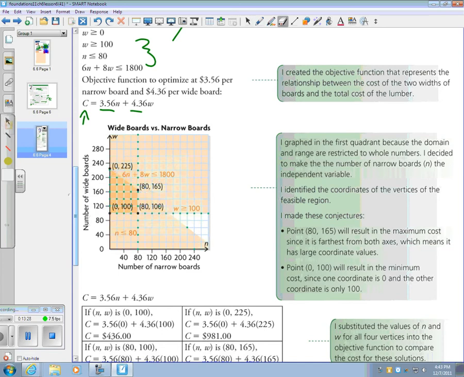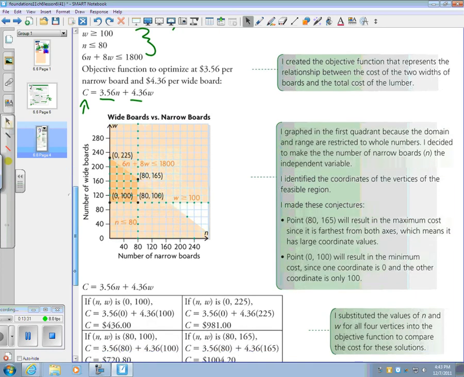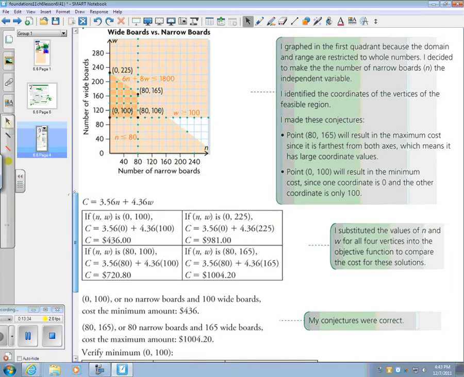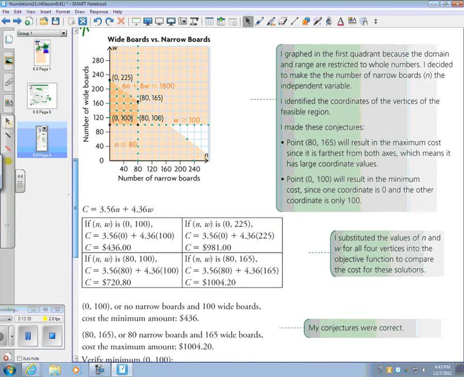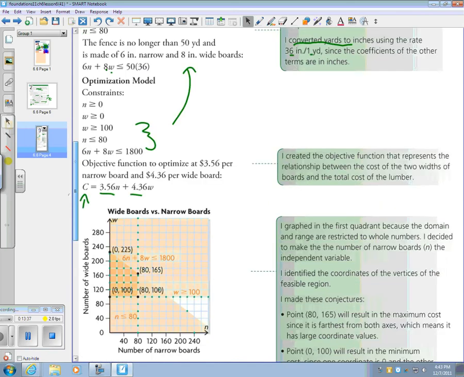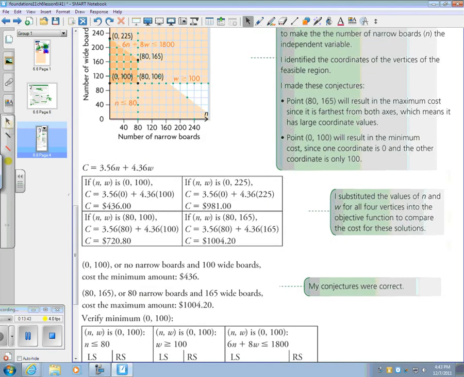Okay, so now what they're going to do is they're going to sub each of these into the optimal function. No, I keep calling this objective function. I always want to say optimal. They put it into the objective function. So first of all, they took this vertex right here, the 0 and 100, plugged it in, and they found out it cost them $436.